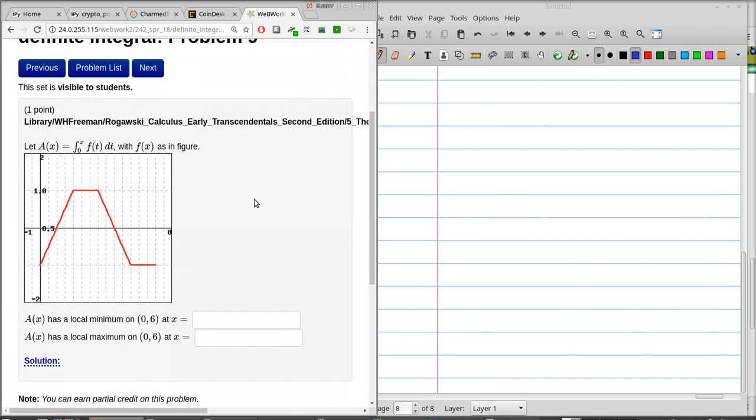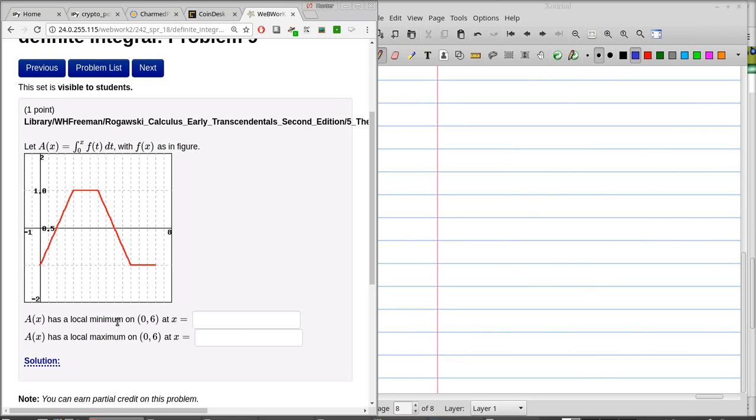So here you have, just think of capital A as an antiderivative of f, right? And it's saying that A of x is an antiderivative of f, so it has maxima and minima where its derivative is 0. But what is its derivative?